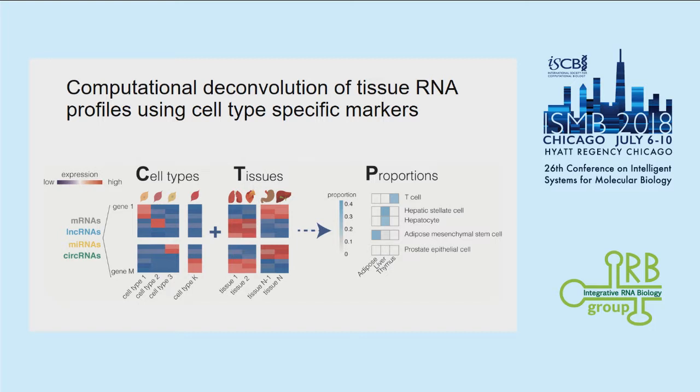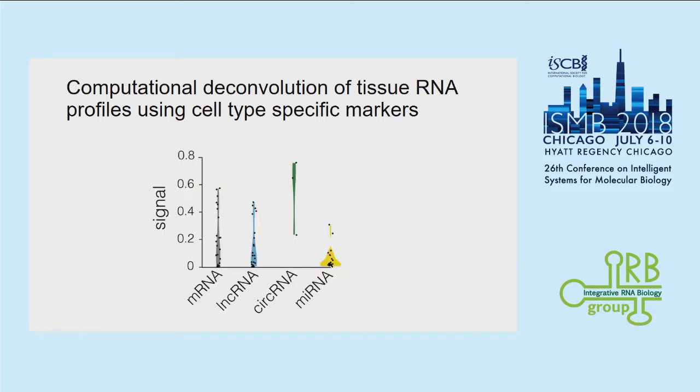So for instance, in this small example, the signal for liver would be the sum of the proportions for hepatic stellate cells and for hepatocytes, which are the cell types that form part of that tissue. We perform this deconvolution for all RNA biotypes separately, and for each tissue that could be deconvolved, we computed this signal.